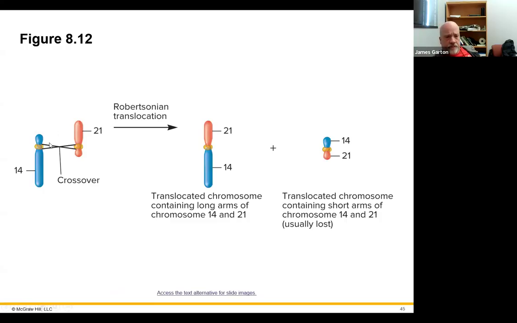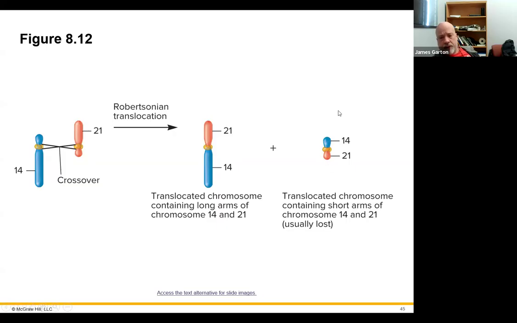And so you will go from this normal combination to a chromosome containing the long arms of chromosome 21 and 14, and one containing the short arms of those two chromosomes. And so there's some DNA that's been misplaced.